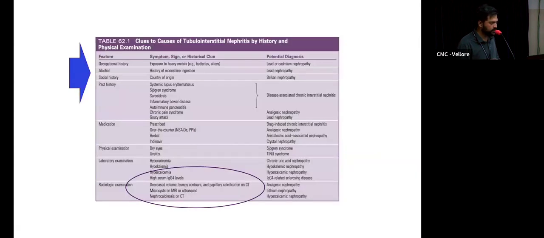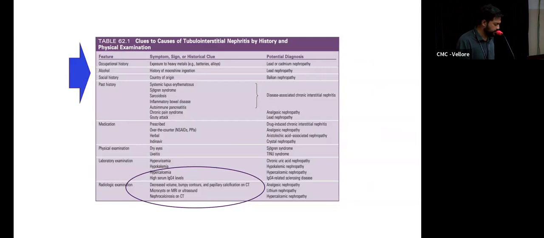So the clues to tubulointerstitial disease. When you get a patient who is not fitting into the spectrum of glomerular diseases, and you have done tests like C3, C4, ANA, ANCA, SPEP, urine BJP, and everything has come negative, then you are not left with much of an option. You can do a biopsy, you can put him on ARBs, or you can go back and ask him all these histories also.